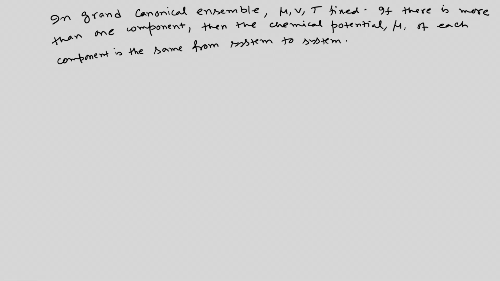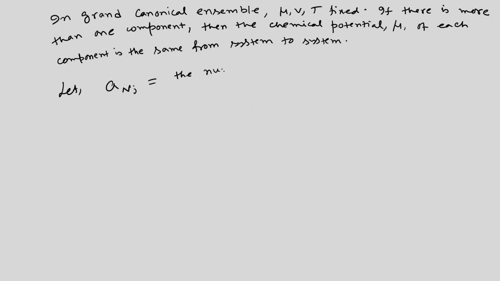Like we did for the canonical ensemble, here we define one quantity, A_nj. Remember, we defined a quantity a_j in the canonical ensemble.